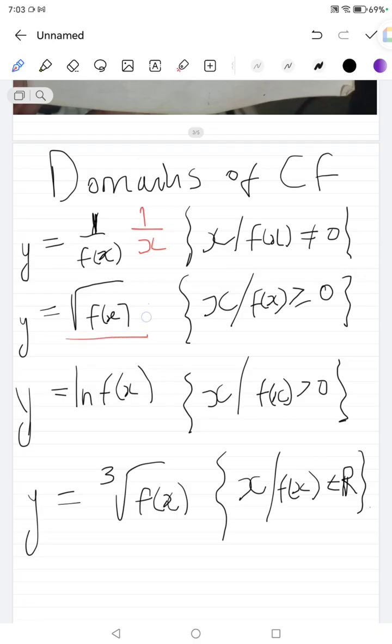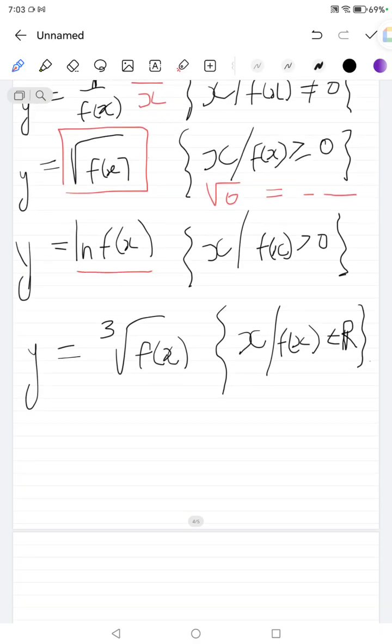Same thing with this one: if you have the square root of 0, you get something undefined, but if it's a number greater than 0, you're going to get a positive number. With ln of 0, you get an undefined answer, but with ln of 1 and so on, you start getting numbers.